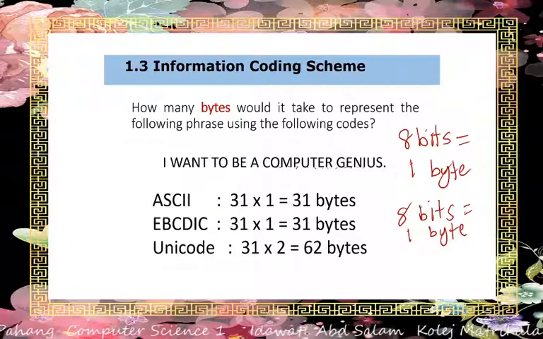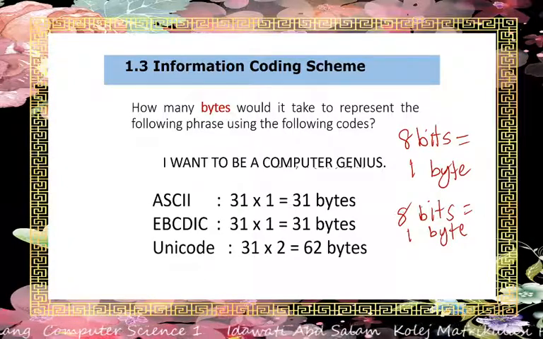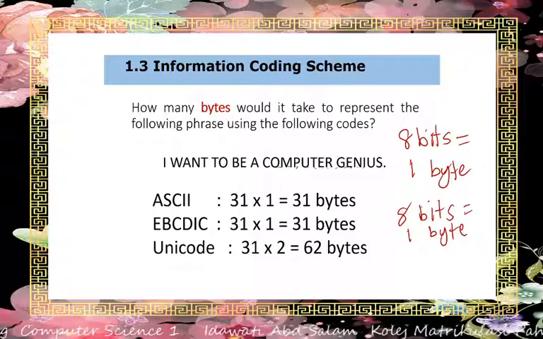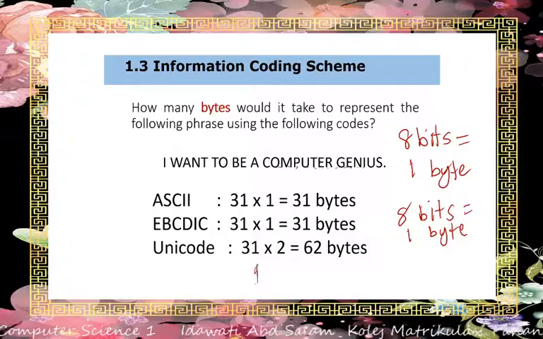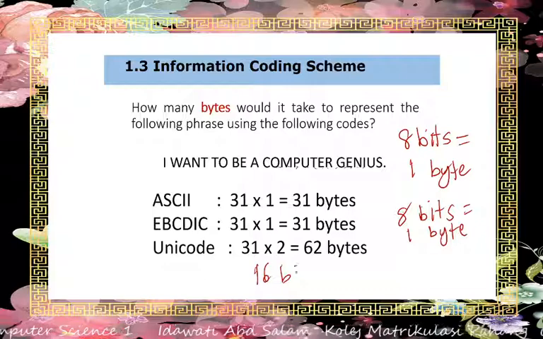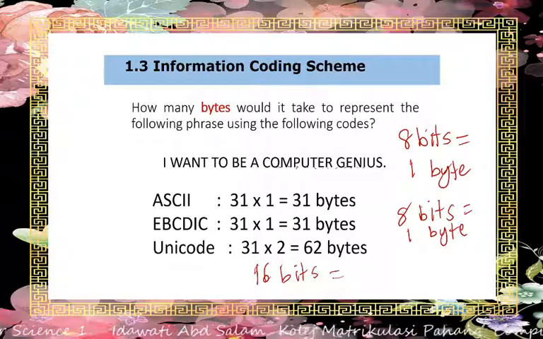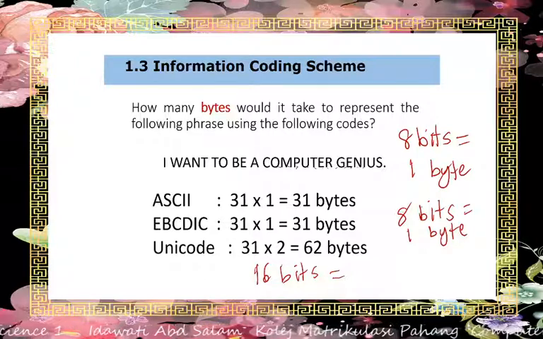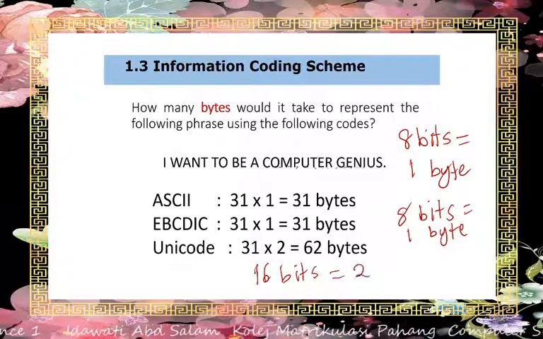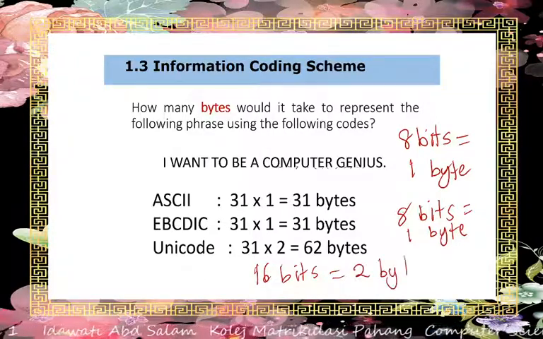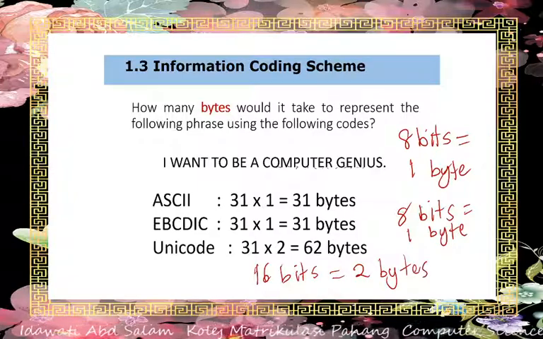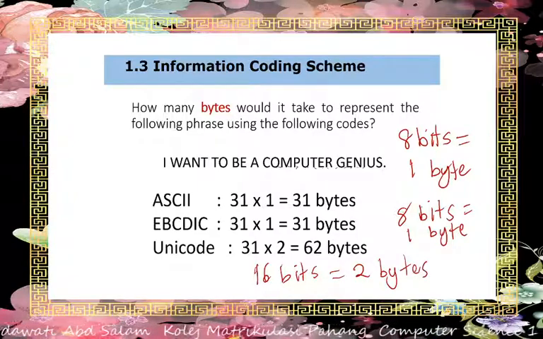Unicode represents a character by using 16 bits, right? So that means Unicode uses 2 bytes to represent a character.